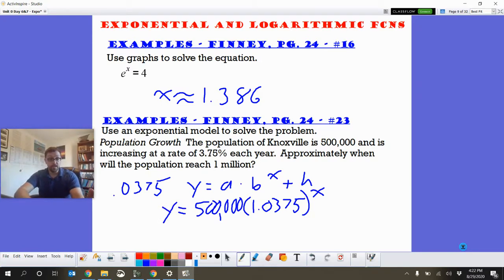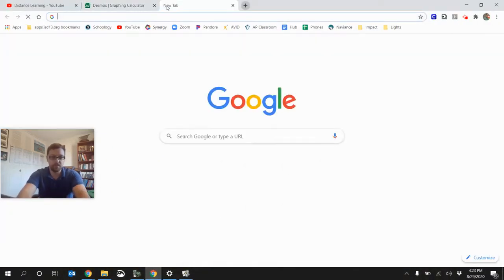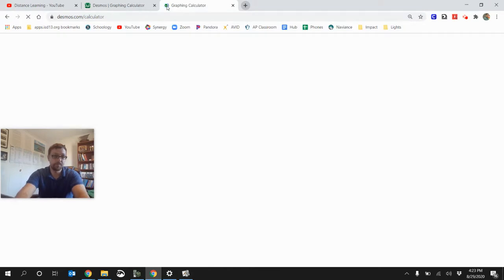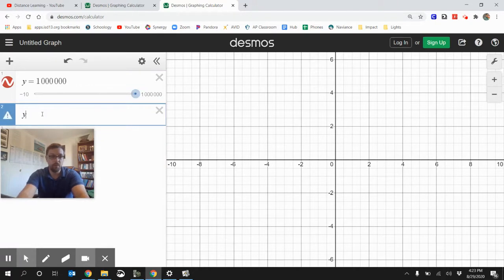Now we want to figure out when this thing is going to reach 1 million. You know what we're going to do? We're going to do the same thing we did up here. We'll make a new Desmos tab. So we've got y equals 1,000,000, there's a million. And we've got y equals 500,000 times 1.0375 to the power of x.